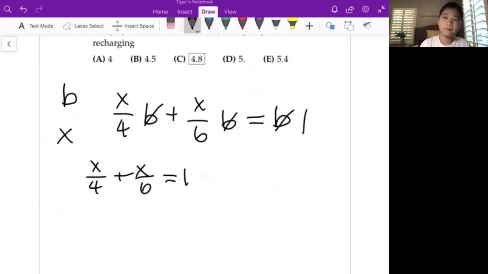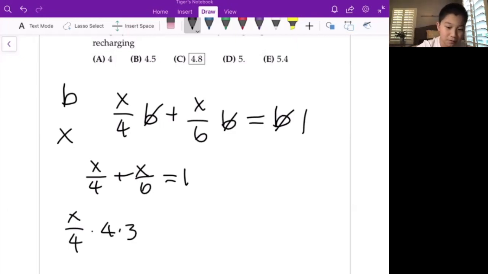To get rid of the fractions, we can multiply by the least common multiple of 4 and 6, which is 12. So multiplying by 12 on both sides, we get X over 4 times 12. So that's X over 4 times 12, which is 4 times 3.